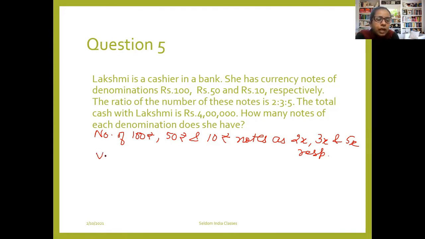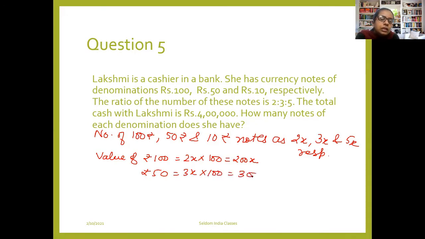Now, value of 100 rupee notes: 2x into 100. Number of notes into the value of each note, that equals 200x. Similarly for rupees 50, 3x into 50, sorry, not 100.